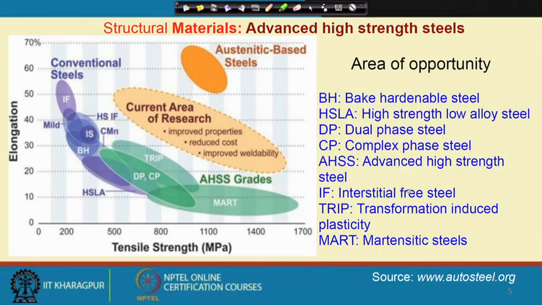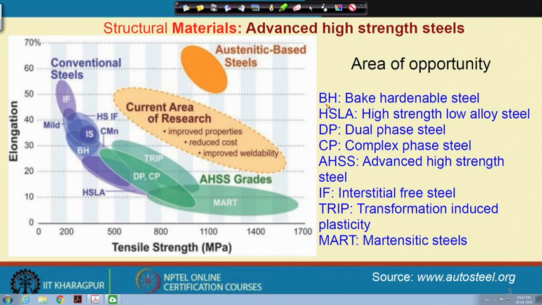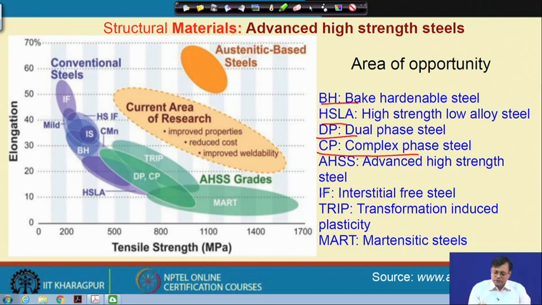Now, let us have a look at the area of opportunity, like the bake hardened steels, as we said, HSLA, dual phase steel and complex phase steels, advanced high strength steels. You can see here, this is a plot of elongation versus tensile strength.